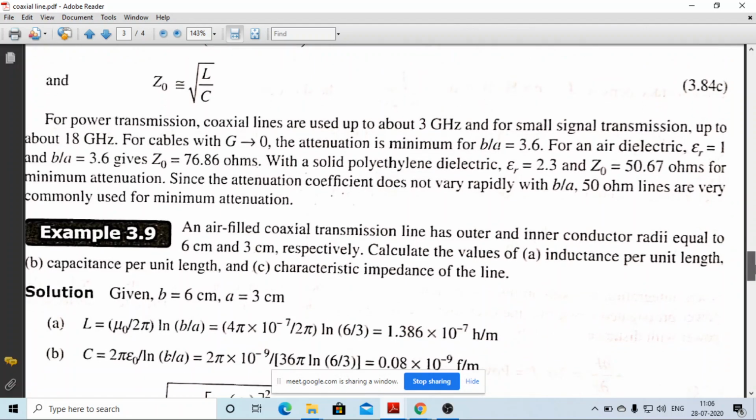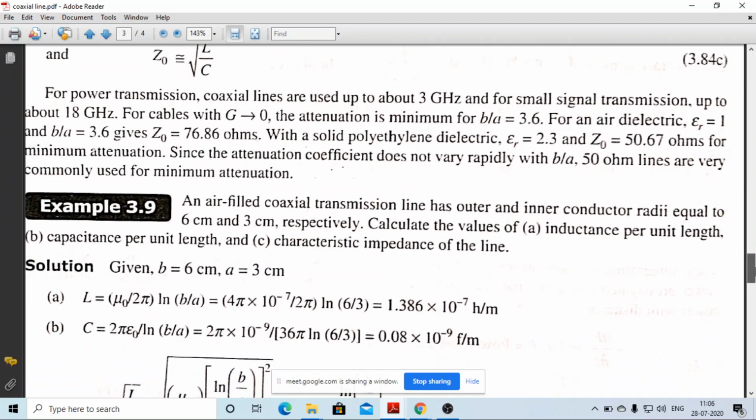See this numerical. An air-filled coaxial transmission line has outer and inner conductor radii equal to 6 cm and 3 cm. Means the value of a is 3 cm and the value of b is 6 cm. So two radii are given.